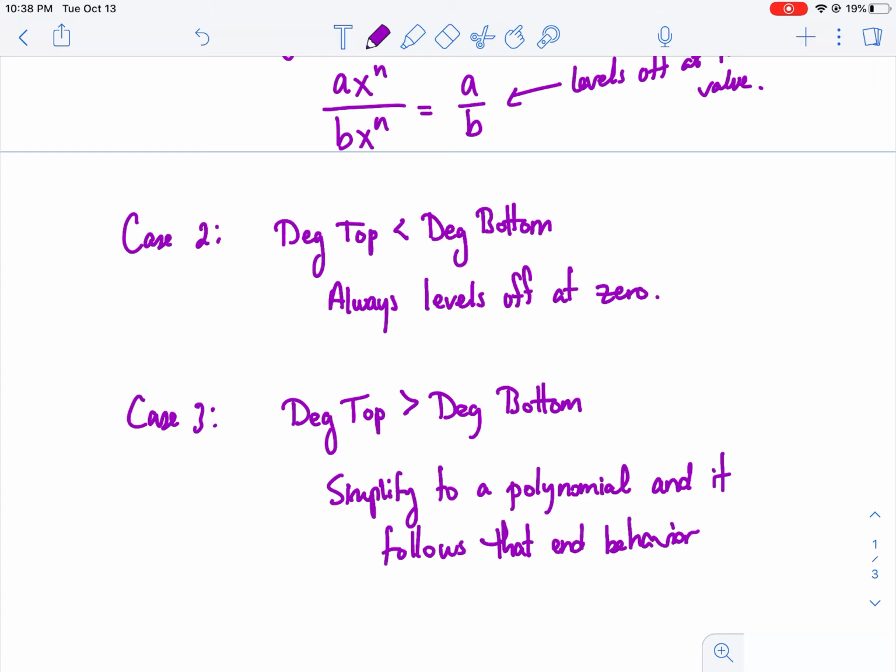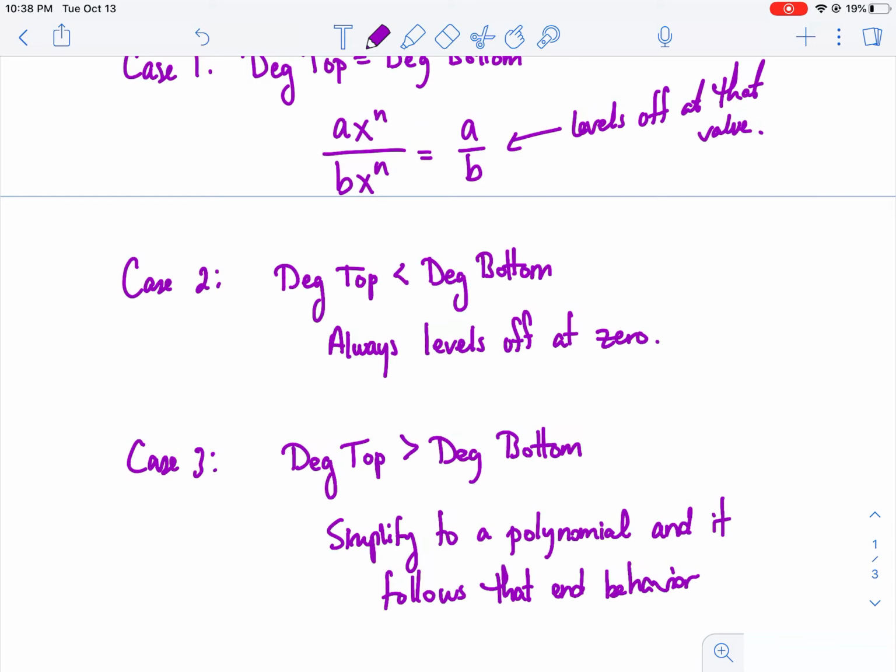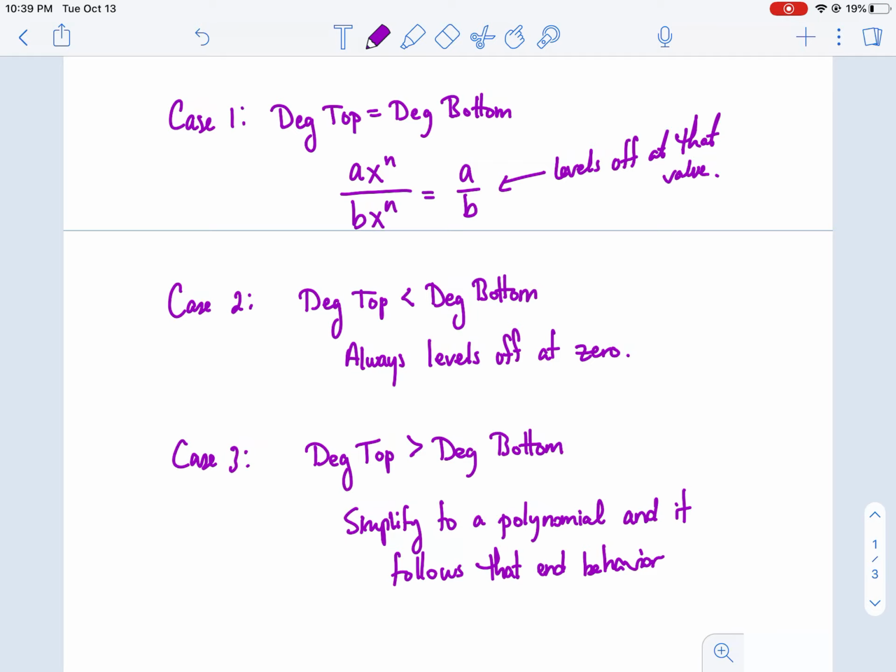So that last case, when the top is bigger, after you simplify, whatever the polynomial is that you get, you've got to look at the degree and the leading coefficient, and it's going to do whatever that type of polynomial does, right? So it's either going to go up, up, down, down, down, up, or up, down. Okay, so those are the three cases. It's going to fall into one of those three.